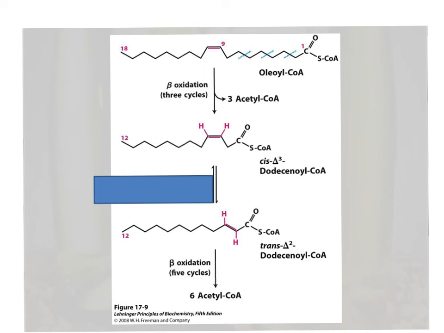It goes through oxidation 3 times, but now it's where it's going to get stuck, because the cis double bond is on the beta carbon. So instead of being a trans delta whatever, it's cis delta 3, and that literally means 12, 2 plus 10.